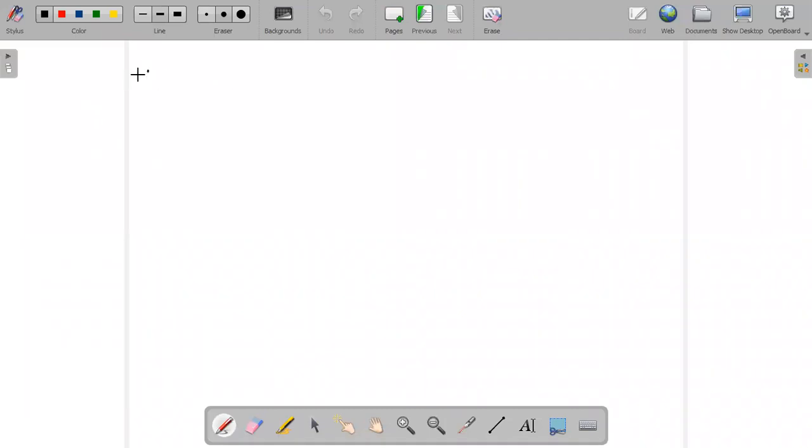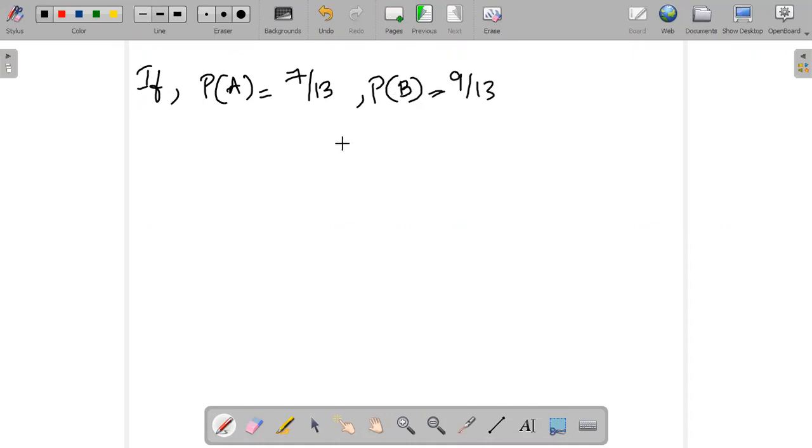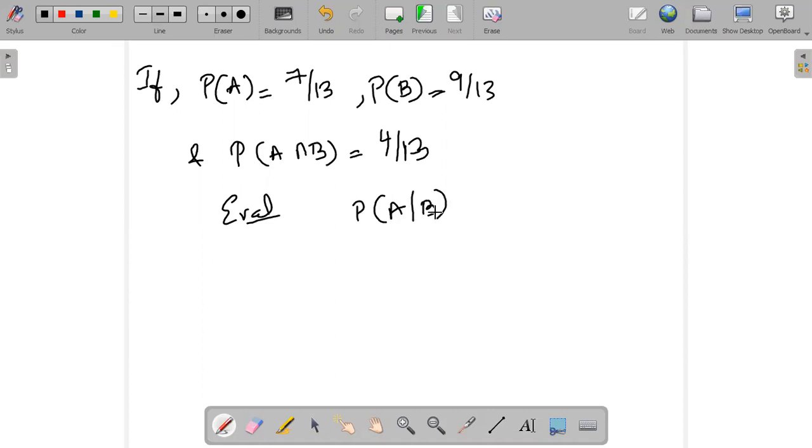Solve it. If P of A is 7 by 13 and P of B is 9 by 13 and P of A intersection B is 4 by 13, evaluate P of A given B. Can you tell me the formula?